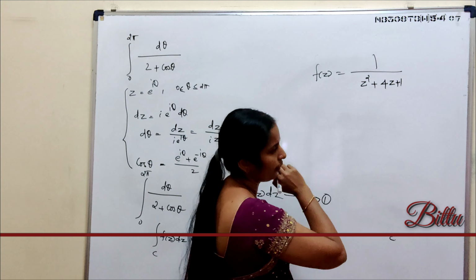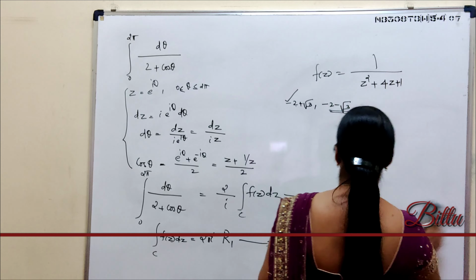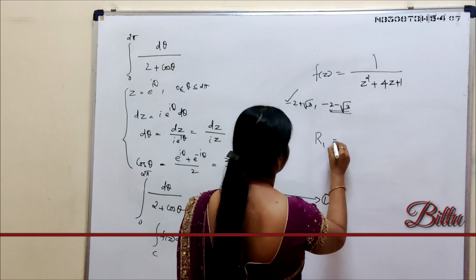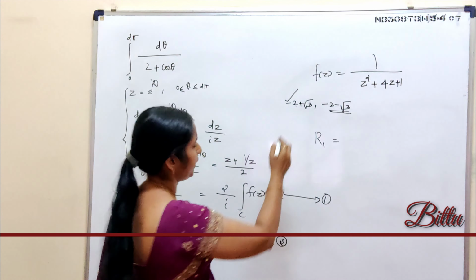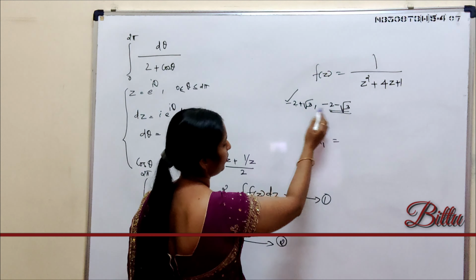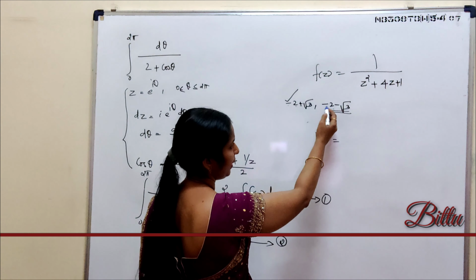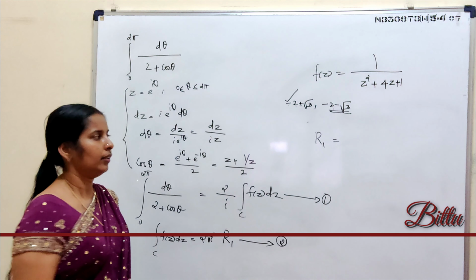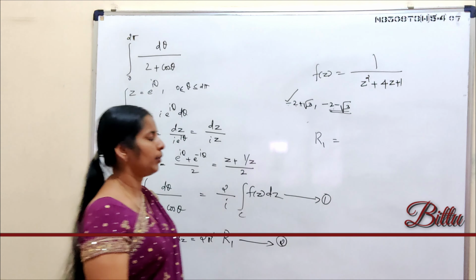So next we have to find R1. See here, in these two singularities, always those singularities which have opposite signs, minus plus, will be inside, minus minus will be outside, and plus plus will be outside. You just keep in your mind.